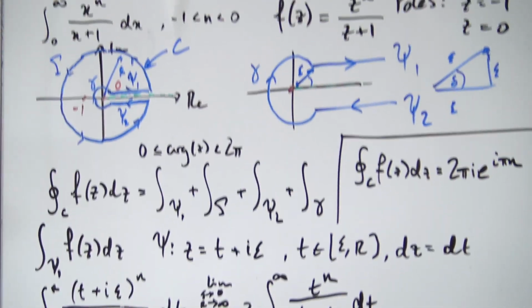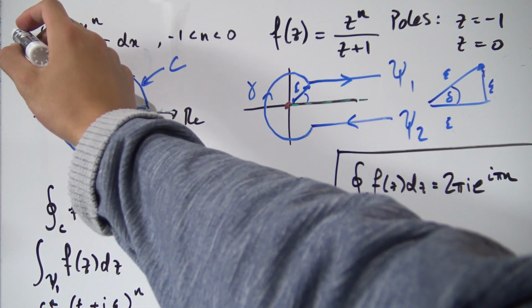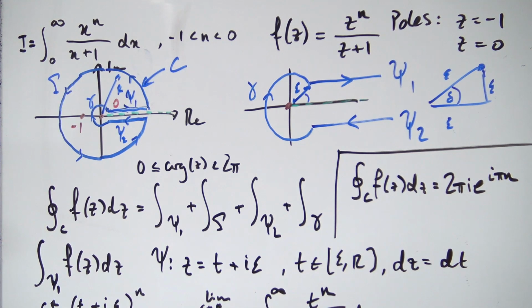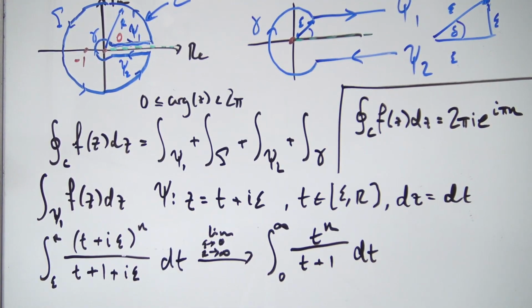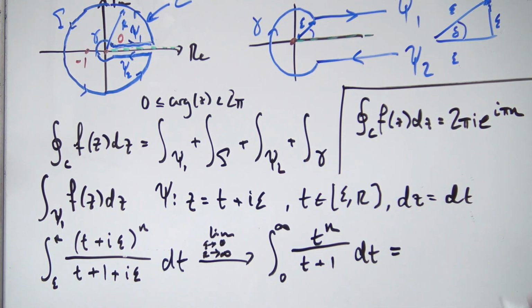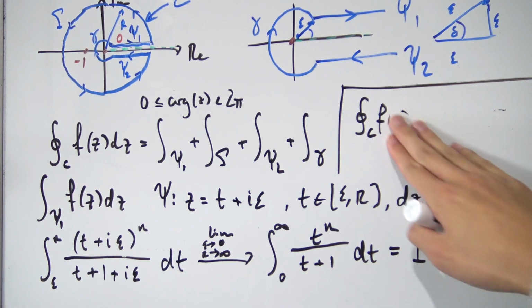And actually, I forgot to do one thing. I always seem to forget to do this. Let's call this integral we had at the very start I. So I is equal to this integral right here. And we just found that the integral over psi is the same thing. We just had different variables, so this is still I. Alright, cool. So we can add this result to these little side notes right here.